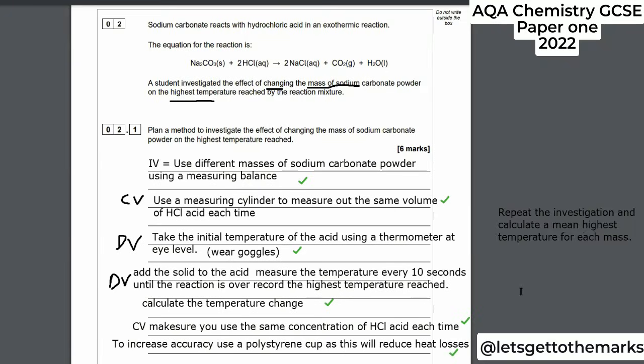That's just like a bonus mark, repeat and calculate a mean. So you can see if you can get all of that down, you're going to pick up all 6 marks. Beautiful. All right, let's move on.